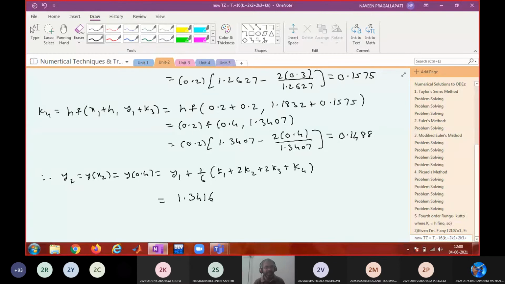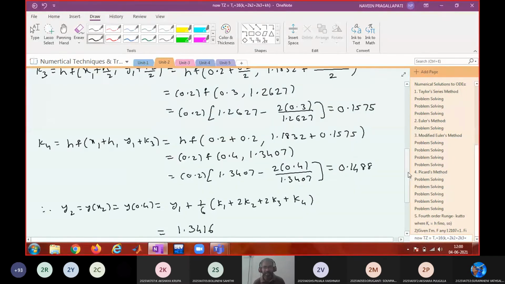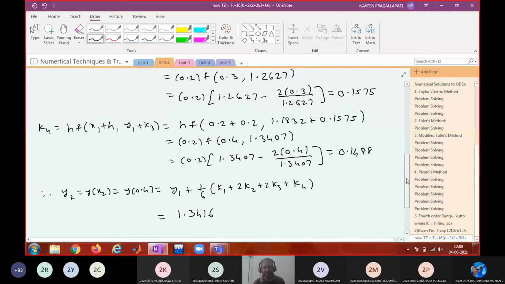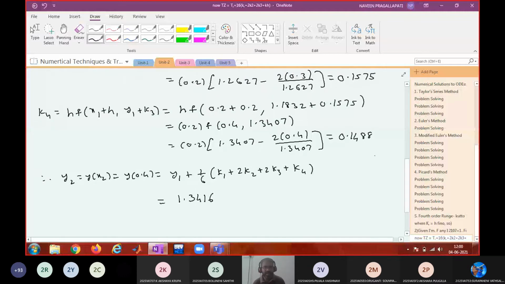So recursively you can find out y of x3, which is y of 0.6, y of 0.8 and so on. The only thing you need is a little patience: write down the terms in detail, simplify, use a calculator and use proper parentheses.